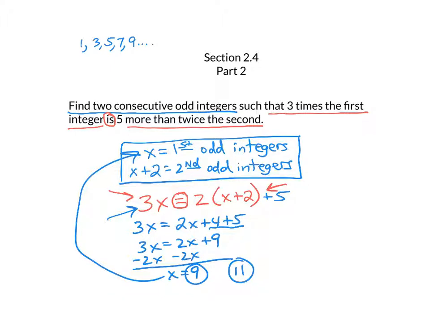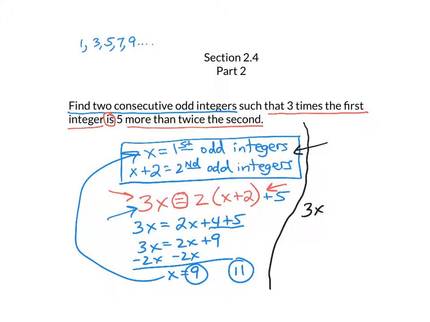Now, I don't want to confuse anyone with what I'm about to say, but I do want to make a point here. Let's go back to the original problem for a moment. We're going to keep the same labeling. x is the first odd integer, x plus 2 is the second odd integer, and we're going to keep the same sides of the equation.